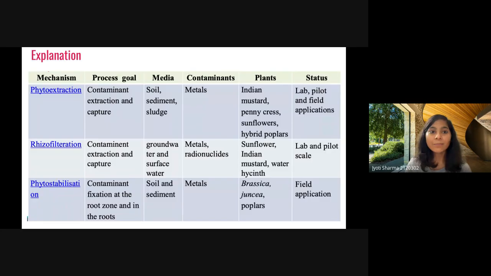You can have this table online. So we have phytoextraction, which is contaminant extraction and capture. Rhizofiltration, contaminant extraction and capture. Then phytostabilization. So we are fixing that contaminant at the root zone and in the roots.